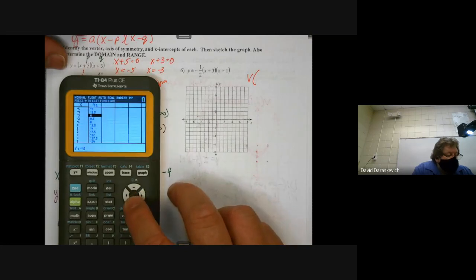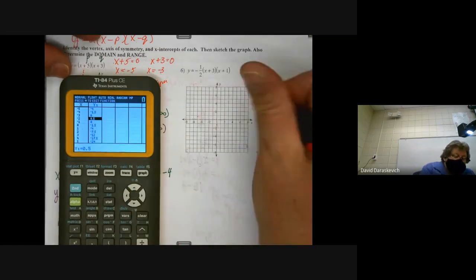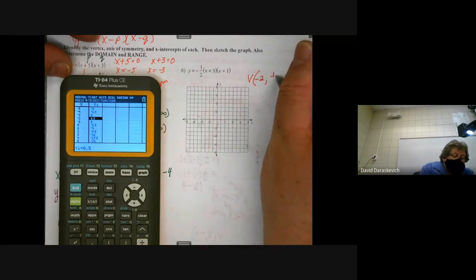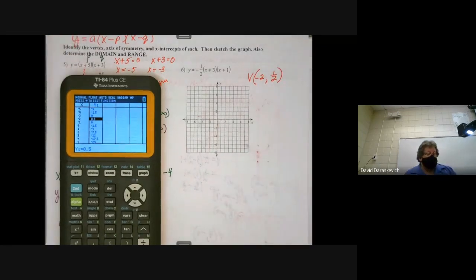No, it's not. It's not showing our vertex. Oh, there's a 0. Saying our vertex is -2.5. That doesn't make sense.